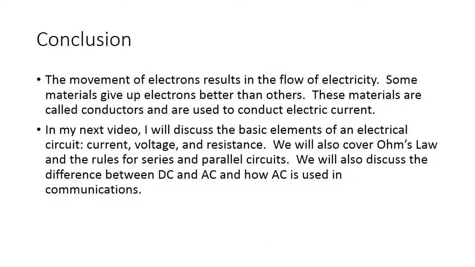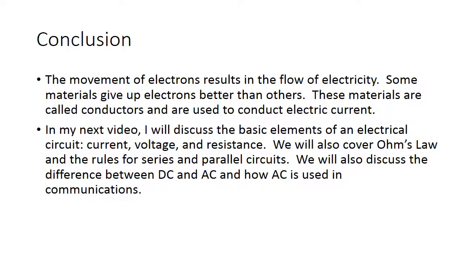Okay, so this is a pretty short video, but it does cover the basics. When we talk about the flow of electricity, what we're actually talking about is the movement of electrons. And what concerns us is the number of electrons in the outermost shell, the shell farthest away from the nucleus of the atom.